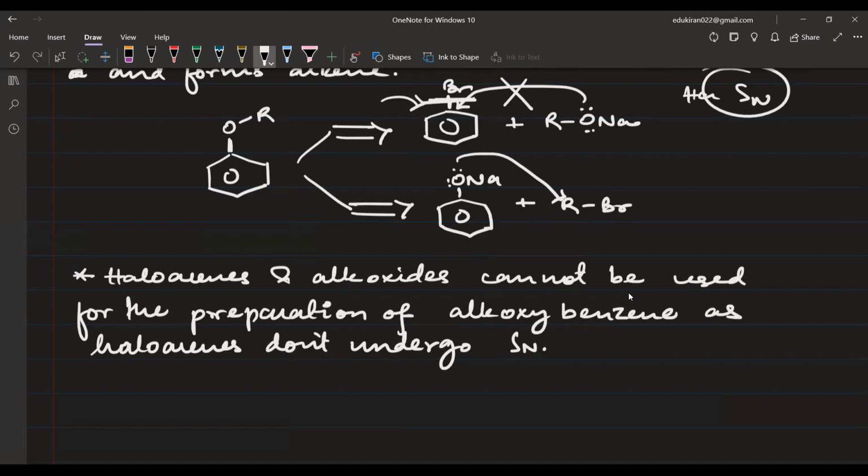That means nucleophilic substitution, and they are less reactive towards nucleophilic substitution.